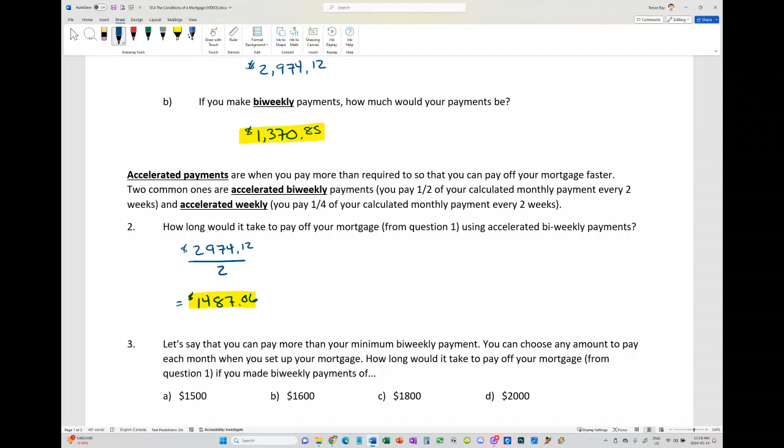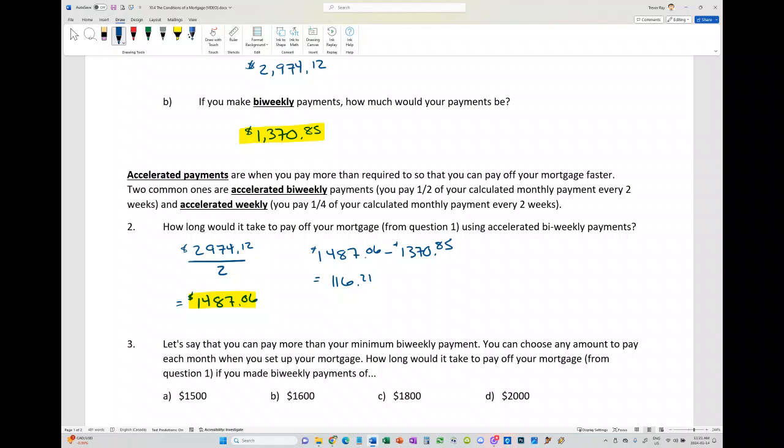So what I'm going to do is just take the $1,487.06, and I'm going to subtract off the $1,370.85 that we are required to pay. And that's going to give me $116.21. Wait, is that right?